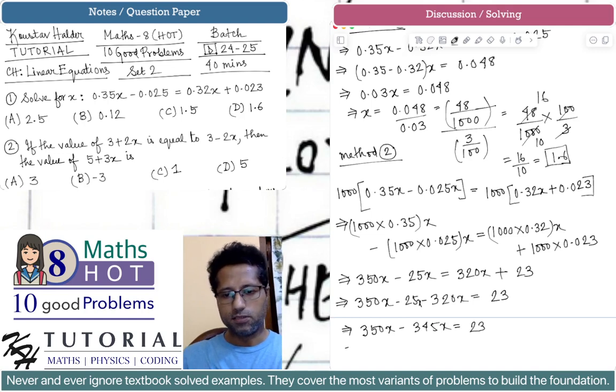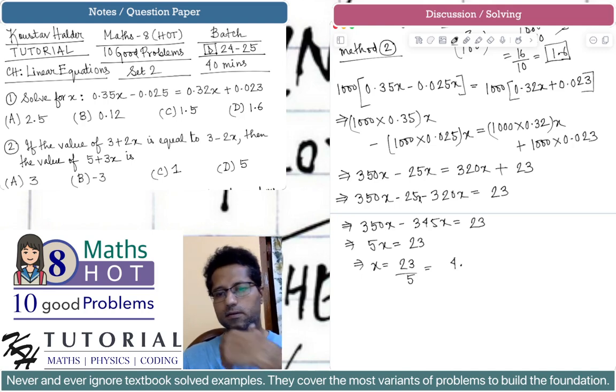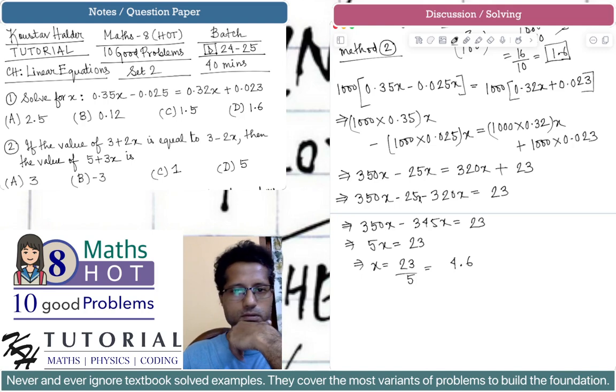This implies 5x is equal to 23, and this implies x is equal to 23 divided by 5, which is 4.6. How come I am getting 4.6?